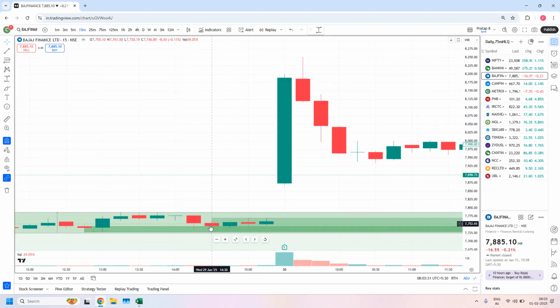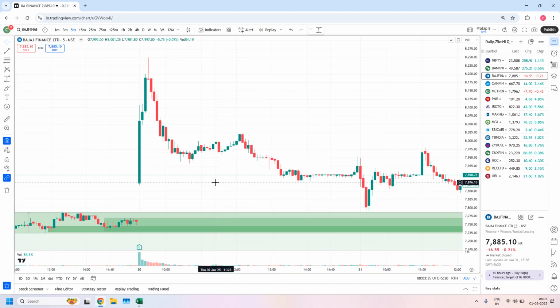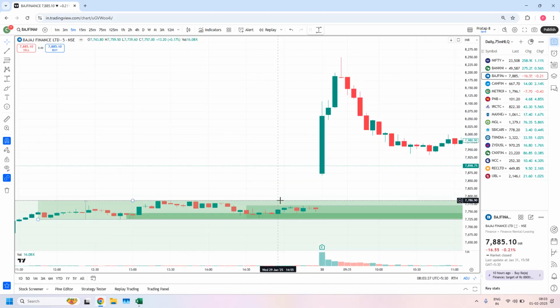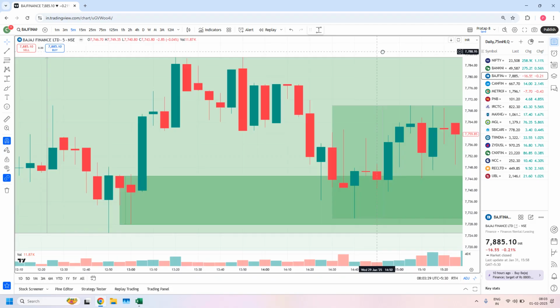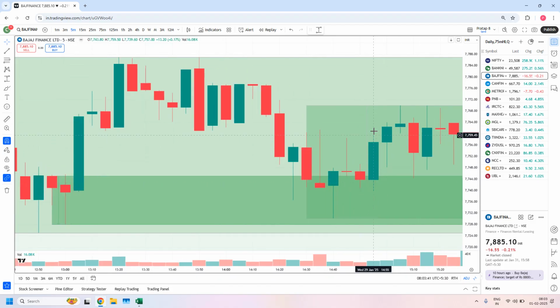Okay, this 15 minutes area again we need to fine-tune with the 5 minutes time frame. In the 5 minutes, I am not comfortable with these candle structures. Instead, what I have seen is here we have a rally candle, 2 base candles and a rally candle. This 5 minute zone is the origin for this entire fine-tuned 15 minute zone.